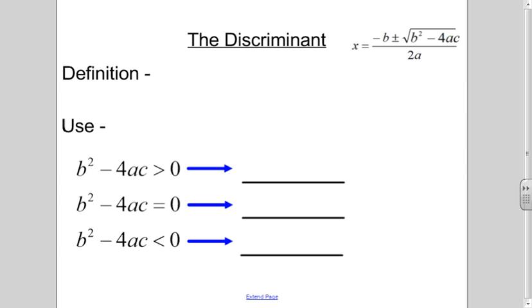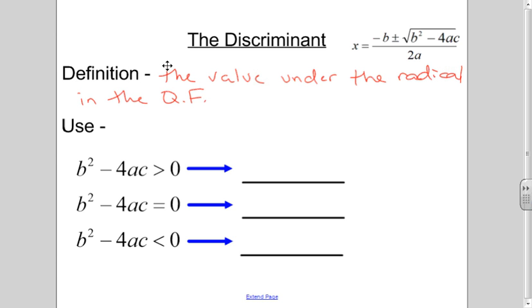here in this video. So, the discriminant, what is it? Definition. It is the value under the radical in the quadratic formula. If you notice, I have the quadratic formula here. So the value under the radical is simply b squared minus 4ac.